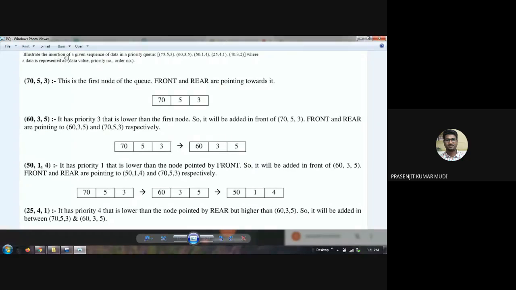Illustrate the insertion of a given sequence of data in a priority queue. Here 5 elements are given in this order from left to right. First this element will be inserted, then this data, then this element, and then this element.